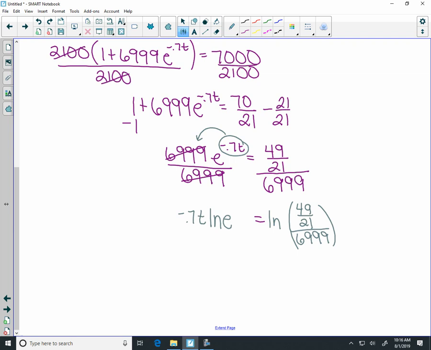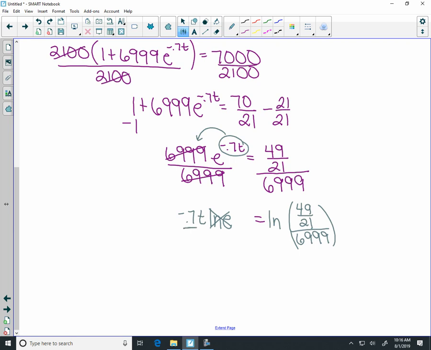Your calculator can handle 49 over 21 divided by 6,999, and you can let it. That's actually a lovely thing to do because then you're doing less rounding. The less you round, the more exact your answer is going to be. ln of e is 1, so that goes away.